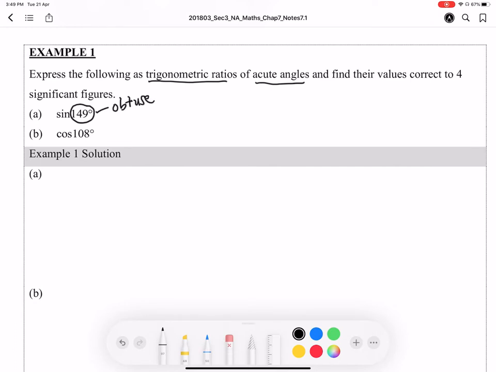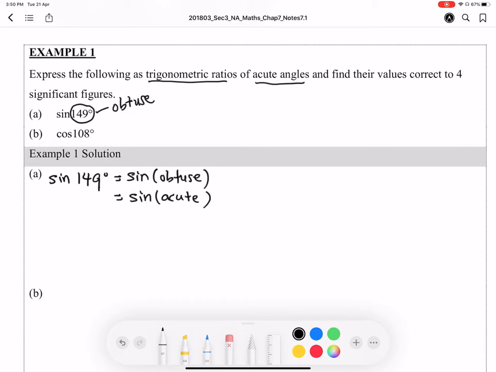Okay, 149 degrees is an obtuse angle. So in our working, we have sine of 149 degrees being obtuse. So we will put it up here as sine of obtuse. And in the formula just now is equals to sine of the acute angle.